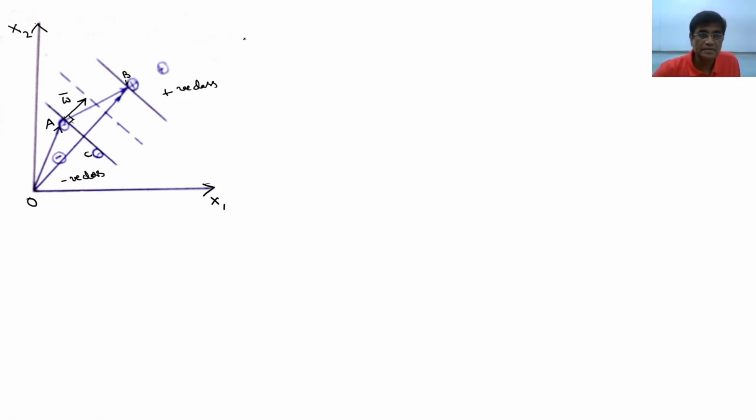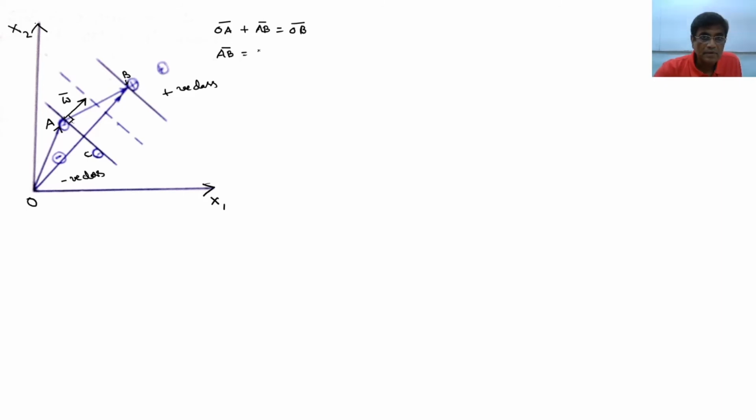Let us try to understand. I can write from the triangle law of vectors, OA plus AB equals OB. Correct? So what is AB?